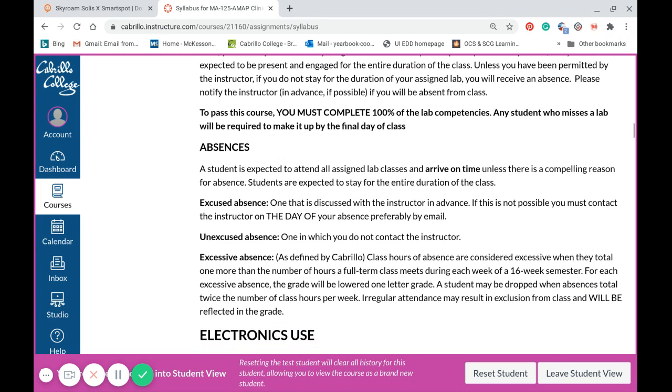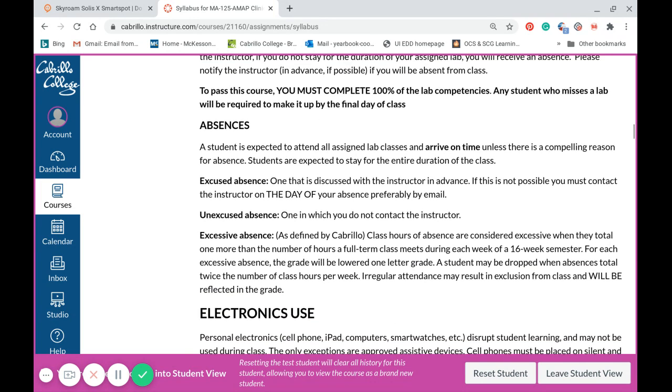Okay. Every single lab competency has to be completed 100% to pass the course. So if you're unable to make it into the lab that week, maybe you didn't pass the COVID-19 screening or you're ill with some other affliction, we'll have to make it up before the end of the semester.